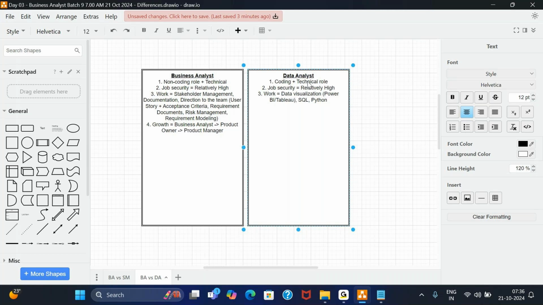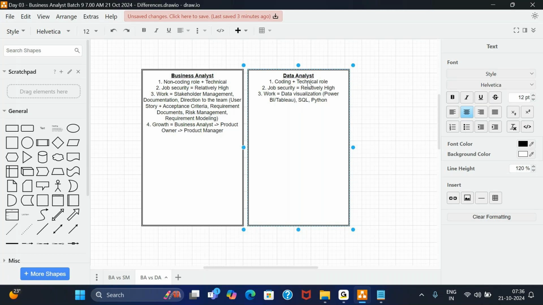A BA may be present in between, who will talk to the client to see what kind of reports they are looking for and how they want to utilize those reports, and then accordingly pass on that information to the data analyst to build this kind of report, build this kind of strategy for us. Okay.